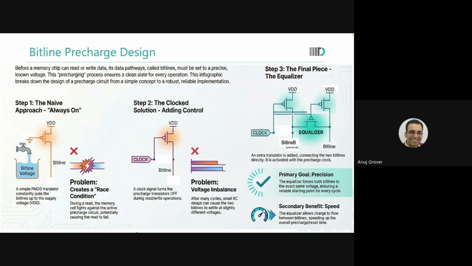Where we said that the PMOS is always on, and even when your word line comes, this PMOS in a way mitigates your differential that is intended to be created. Are you with me? So what was the alternative to that?